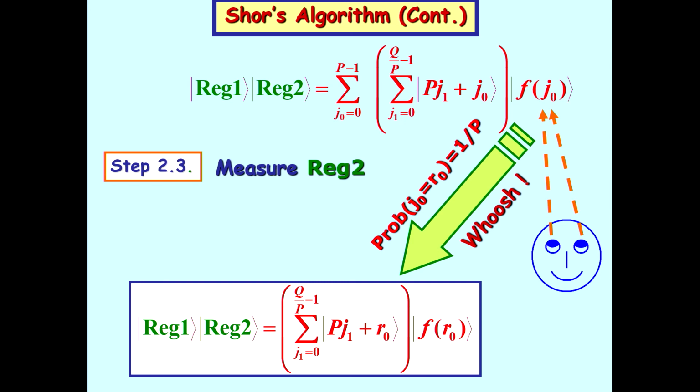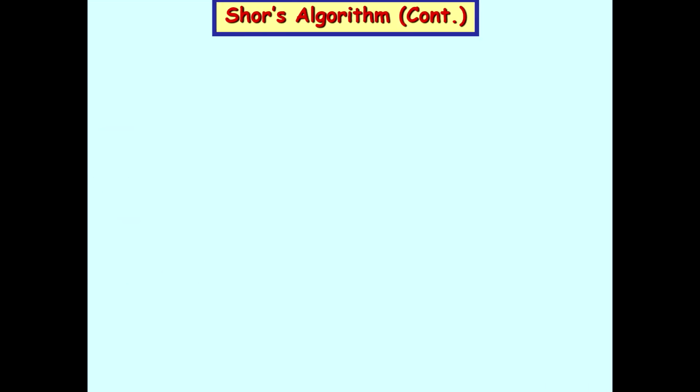Another way of doing this is simply to ignore the right register. It's no longer used. r0 is some integer, we don't know what it is, from 0 to p minus 1. If we were to measure this now, we wouldn't get any information, so we have to be a little more subtle.